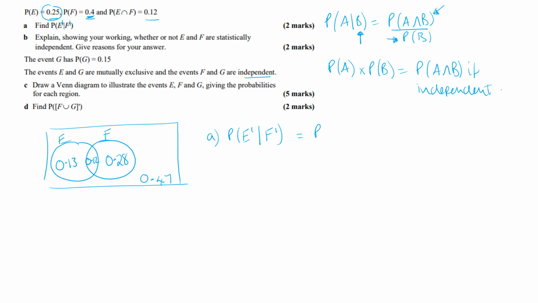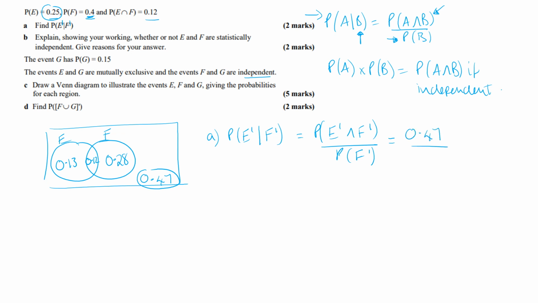So the dash means not E given not F. Using the rule here, it is going to be the probability where they both intersect divided by the probability of being in F dash. So where does not being in E intersect not being in F? That's going to be the bit here on the outside, so that's 0.47.